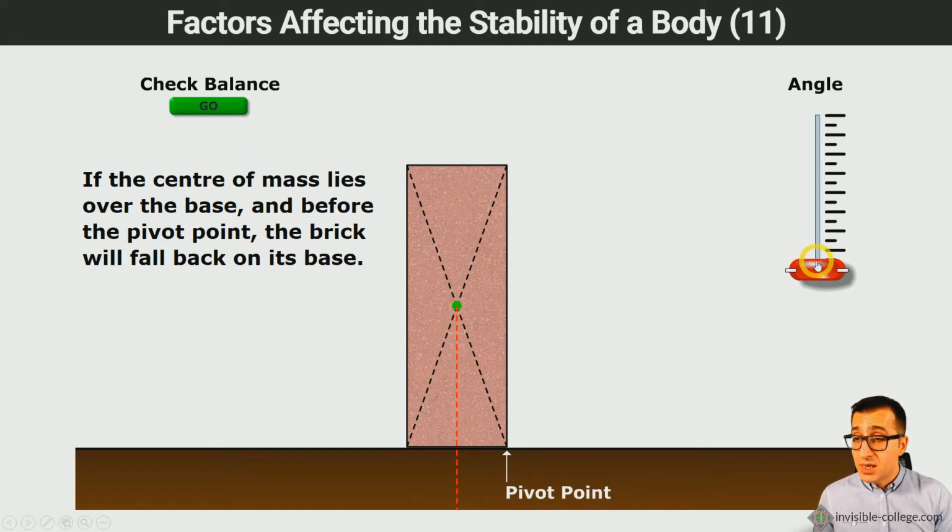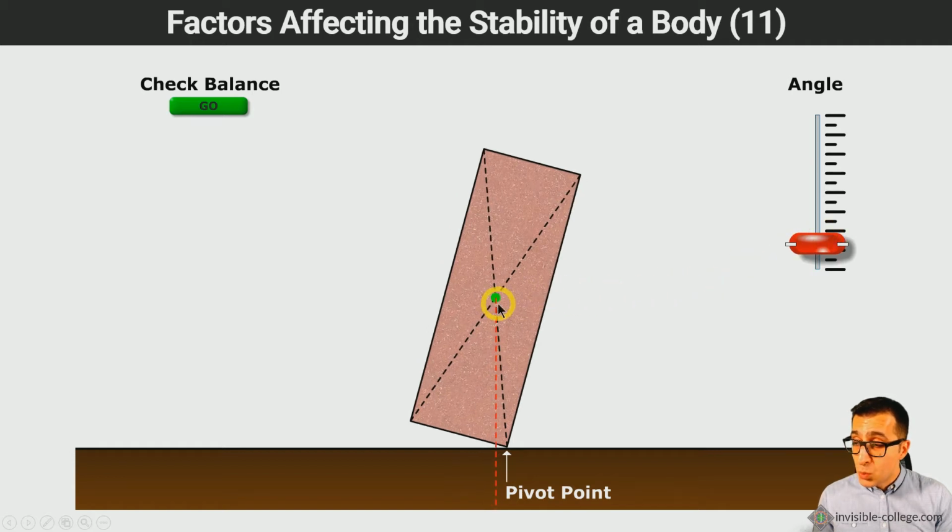If I position the object like this, where the weight acting downwards is above the base of the object, then there's a turning effect about this pivot point. There'll be a component of this force acting in the vertical, acting at this perpendicular distance about this pivot point, and this will create an anti-clockwise moment around this pivot point, which will return this object back to equilibrium.